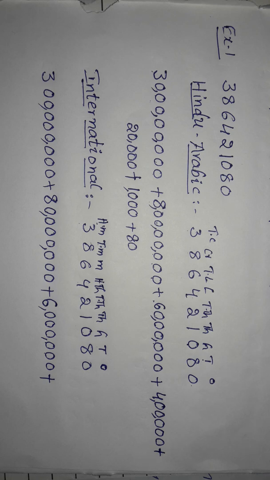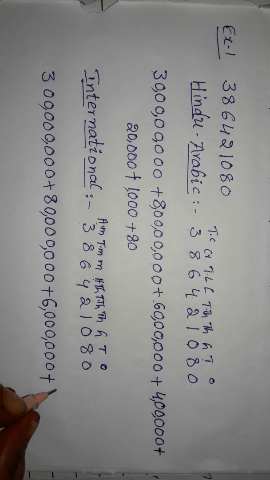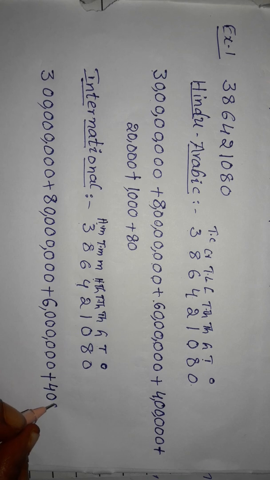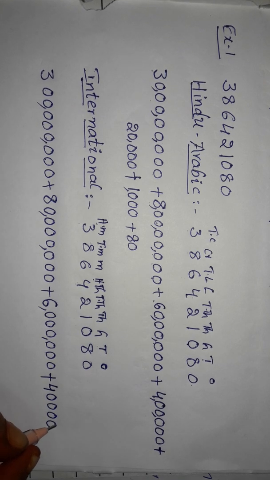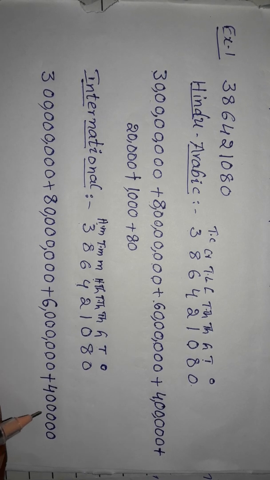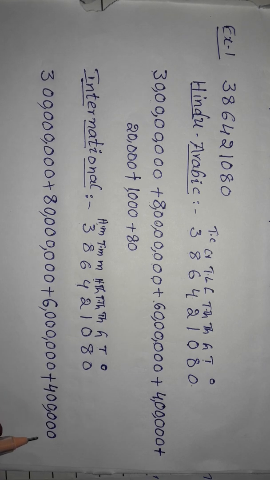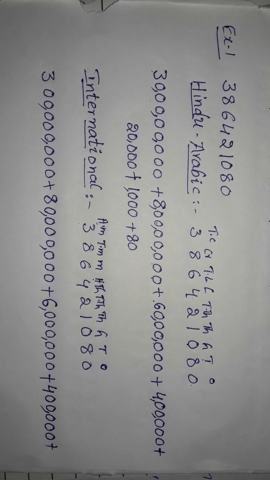After that, 4. In which place is 4? 100,000s place. So we have to call it 400,000s. How many zeros do we have to write here? 5. 1, 2, 3, 4, 5. Commas in between 3 digits. 400,000s. Completed.